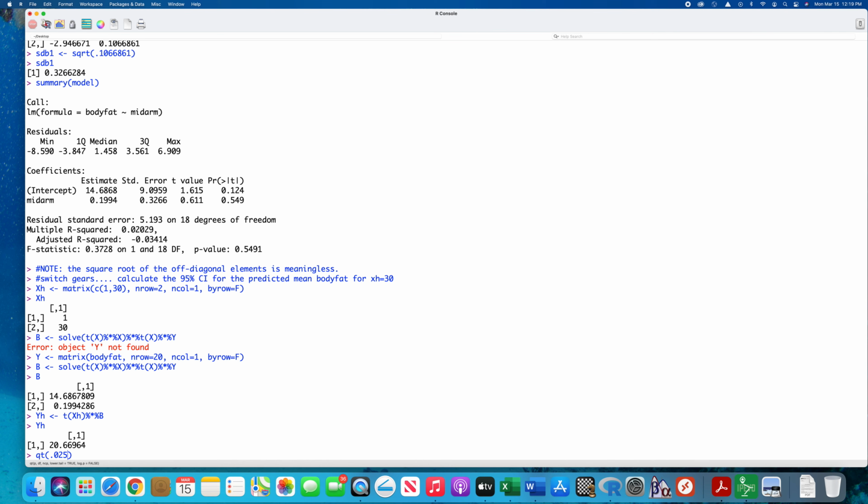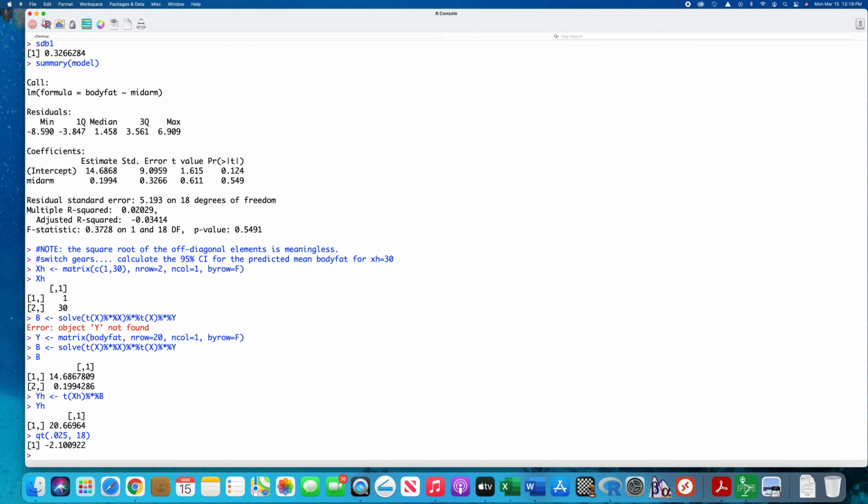So I need the value that has 2.5% below it from the t-distribution with 18 degrees of freedom. So that's negative 2.100922.